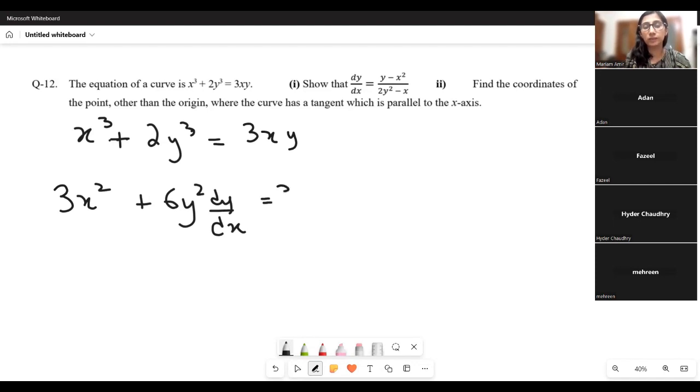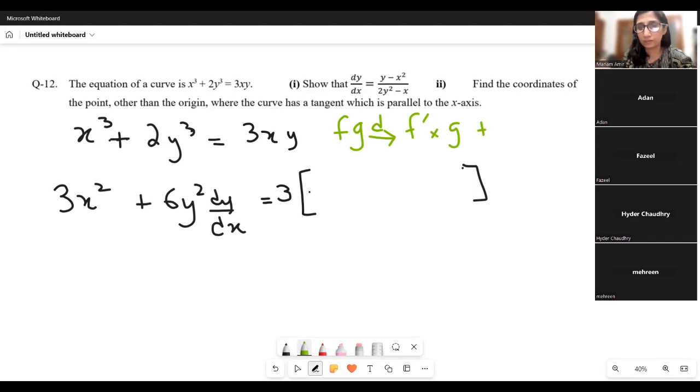Equals 3 times, how do we differentiate xy? We have to use the product rule, which I hope you guys remember. If we have f and g being multiplied with each other and we have to differentiate this, then we differentiate f and just multiply g with it, then a plus sign in between, you multiply f times derivative of g.